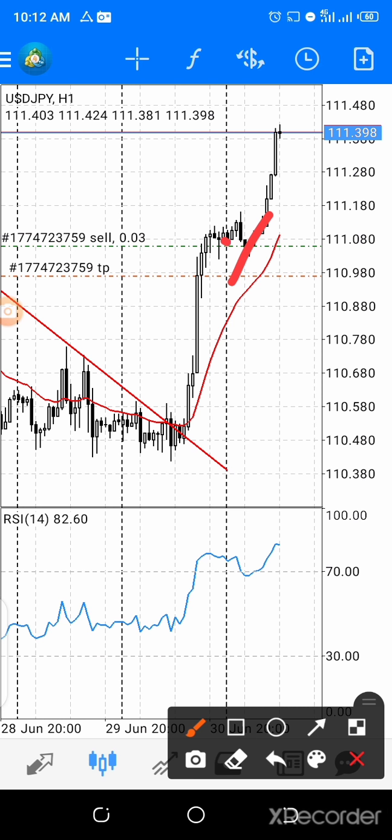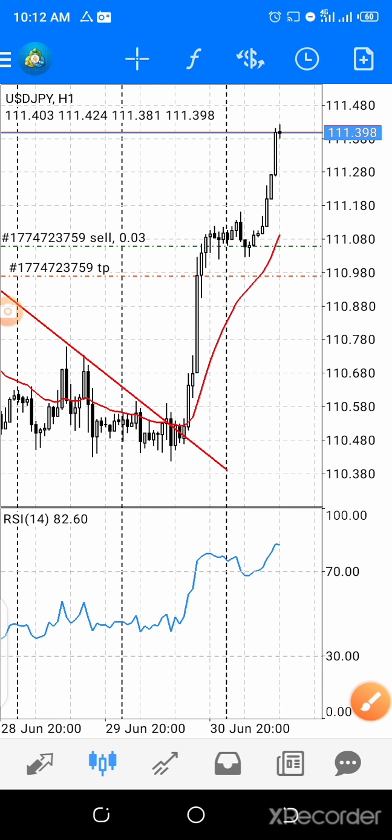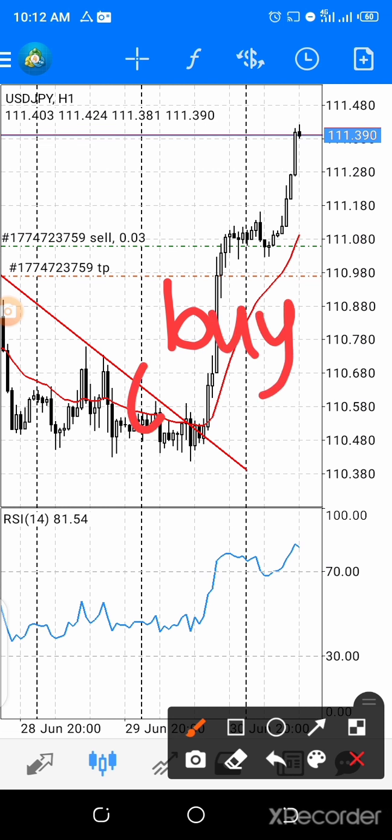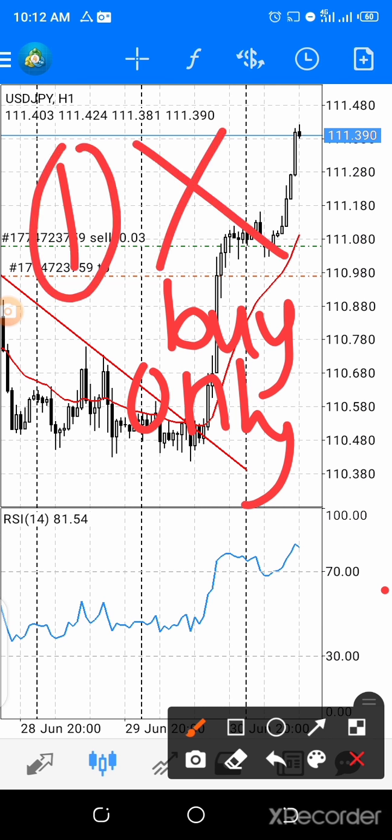The rule is when price is above the moving average, you are looking for buy only. Here, I was supposed to be looking for buy only, just buy only, and then I went against the rule. That's number one mistake you must not make.